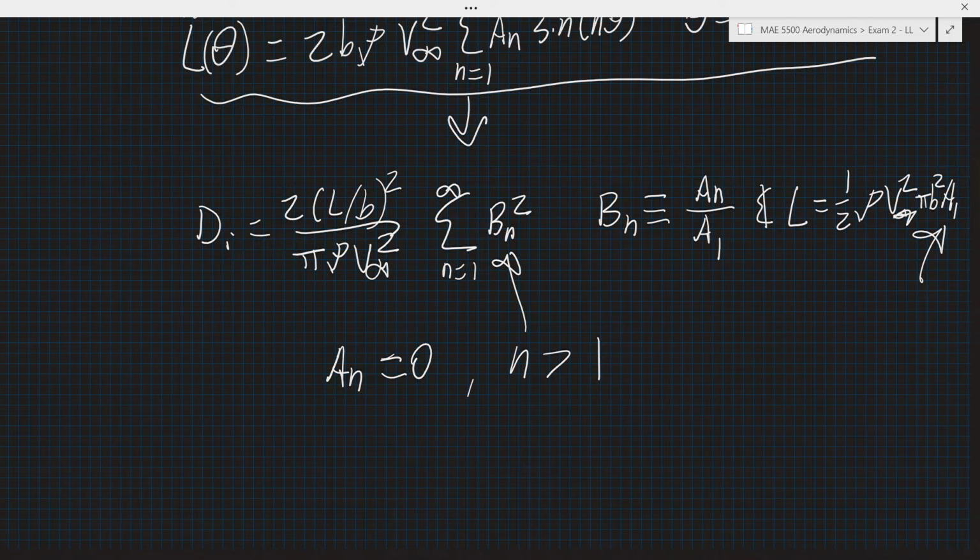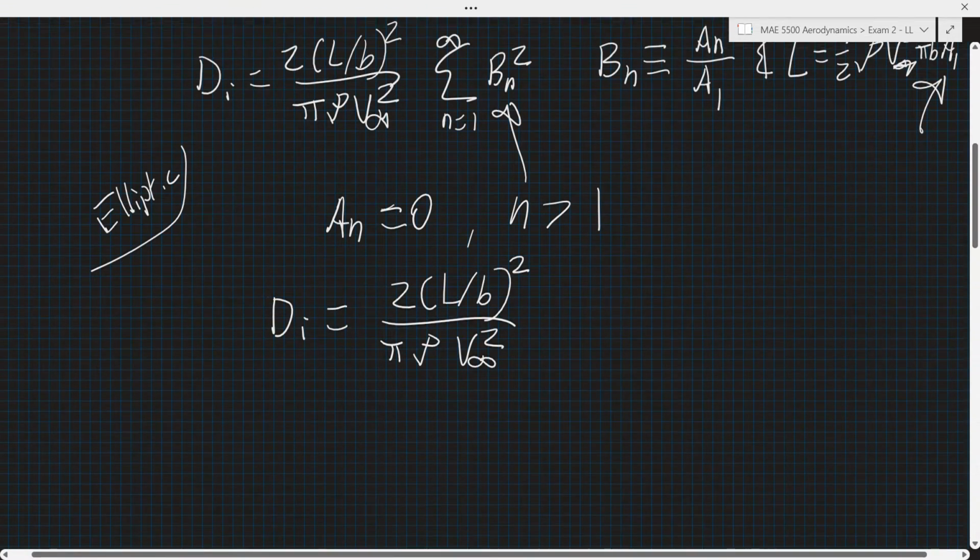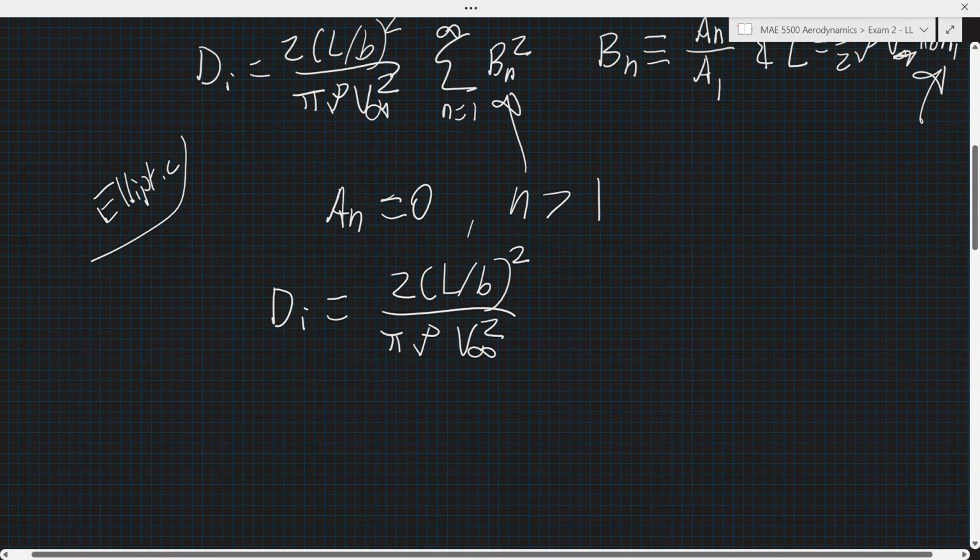And once again, this is for the elliptic lift distribution. And that results in the induced drag equation of 2 L over b squared over pi rho v infinity squared. Okay, so once again, this is just review.